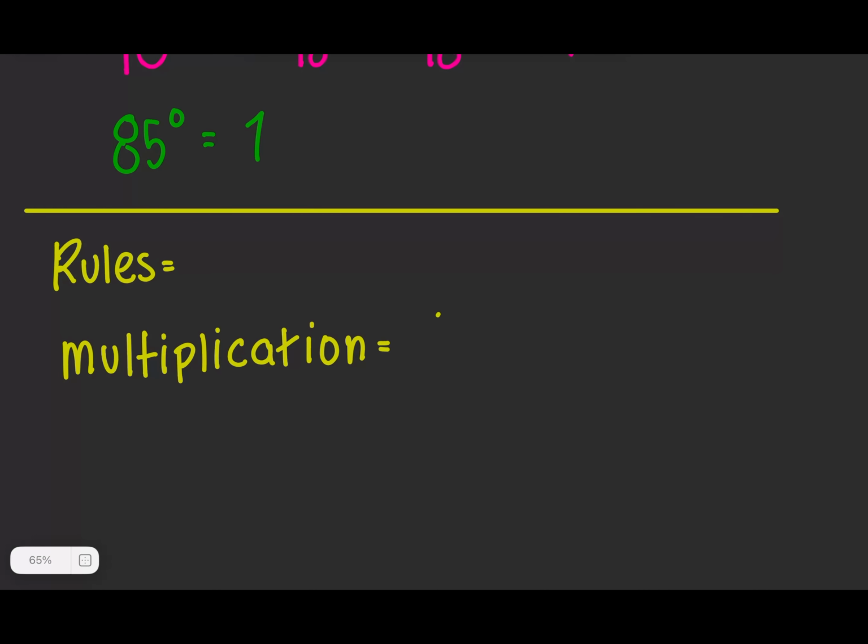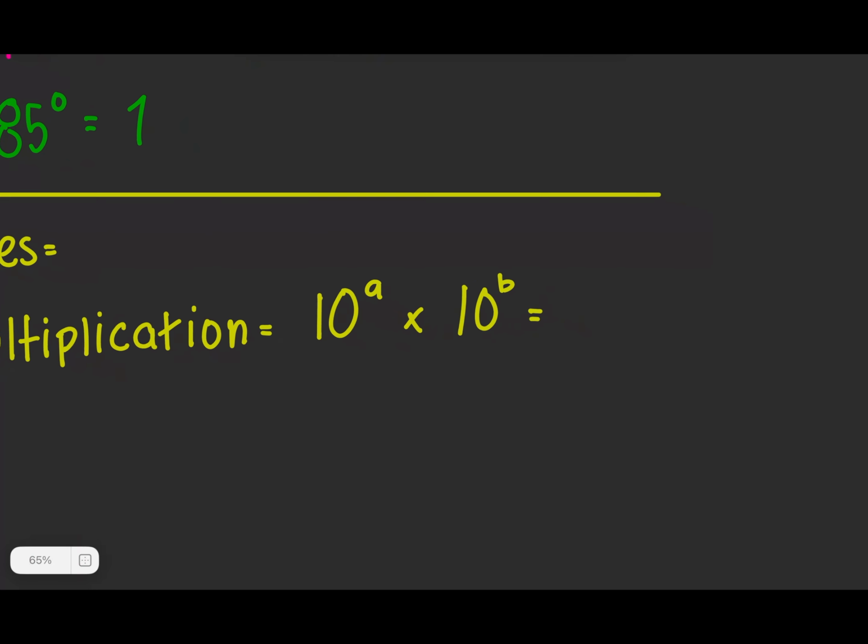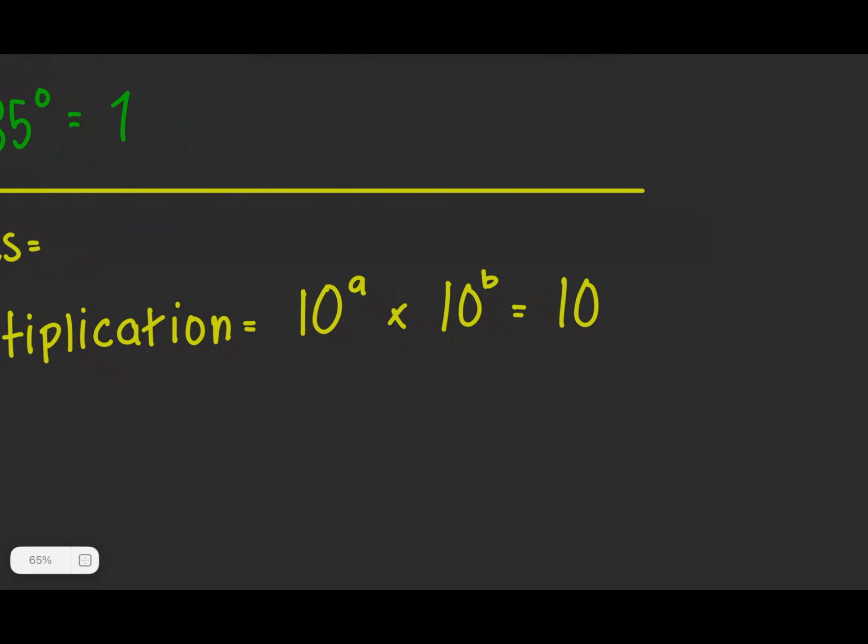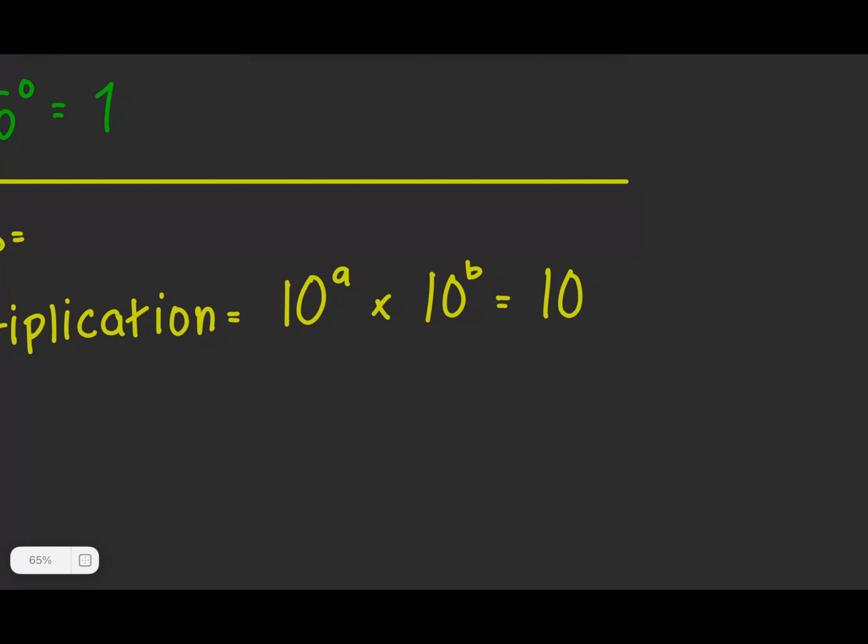So if we have 10 raised to the power of A times 10 raised to the power of B, you just simply add the exponents. So this would be equal to 10 raised to the power of A plus B.